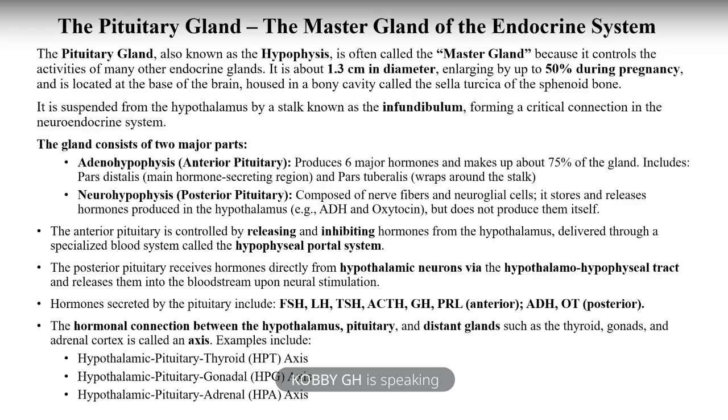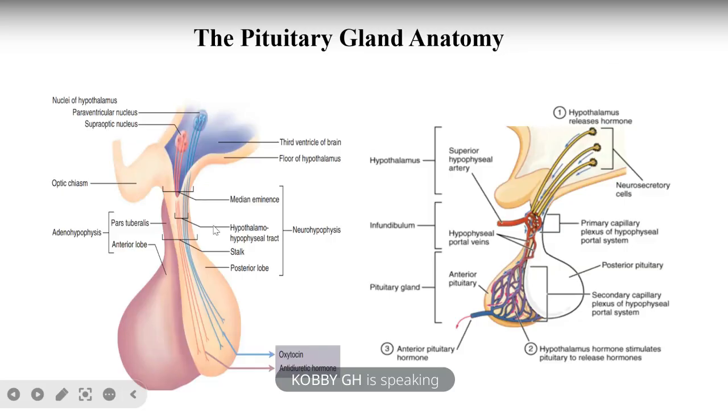Is that okay? Great. Let's see how it looks. So you see, this is how the pituitary gland looks. In the pituitary gland, we have a part that is hanging. You see there's the hypothalamus, and you can see this part that is hanging. This part that is hanging, we call it the infundibular stalk.